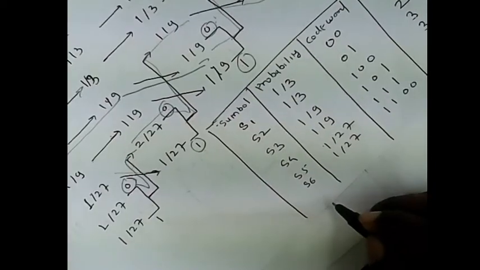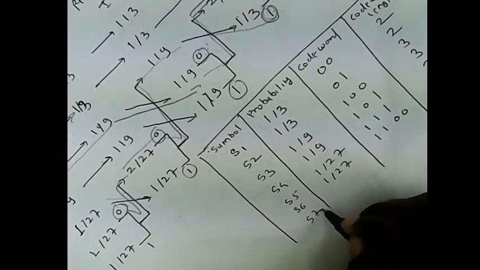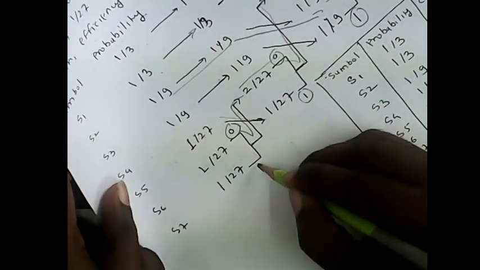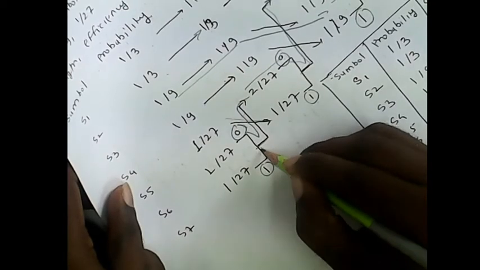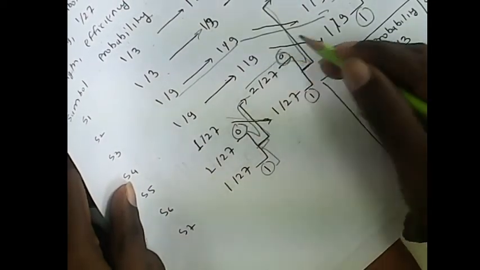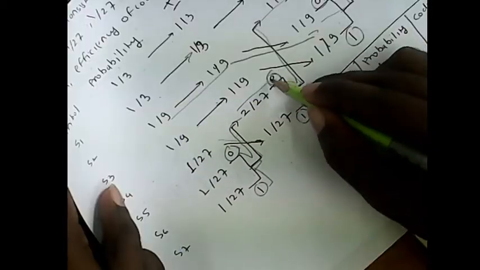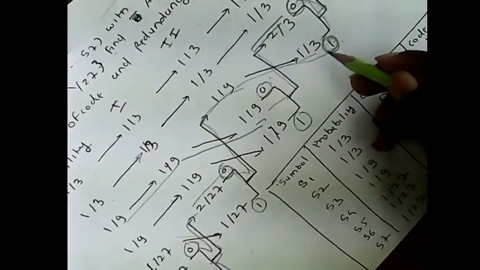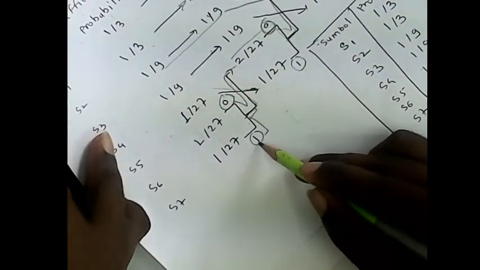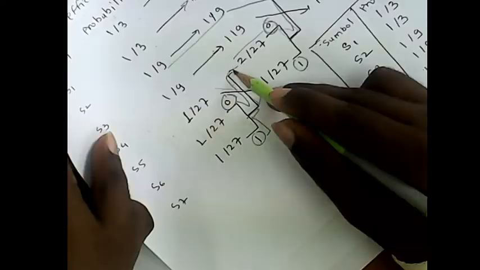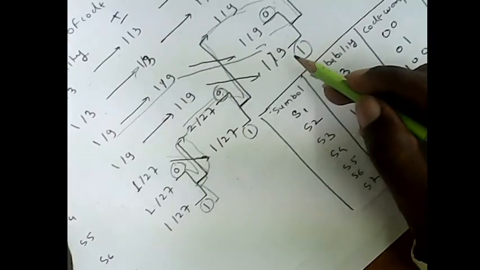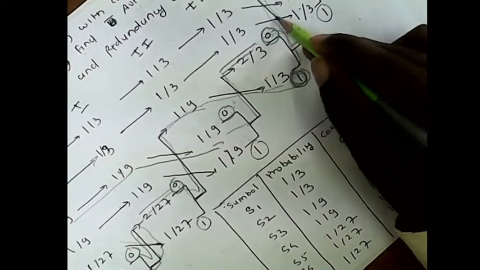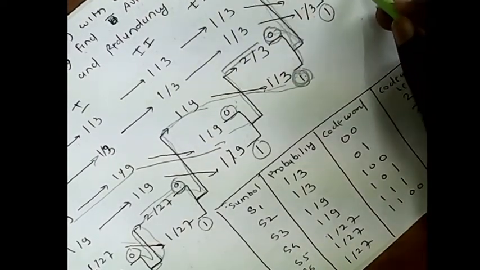Similarly for S7, we again go to the forward path, so 1, we follow this path, 0, again this will be combined with this, see here, 1, go here, and second 0, then it will be combined with this, here code will be 1, and this will be combined with here, that is 1.